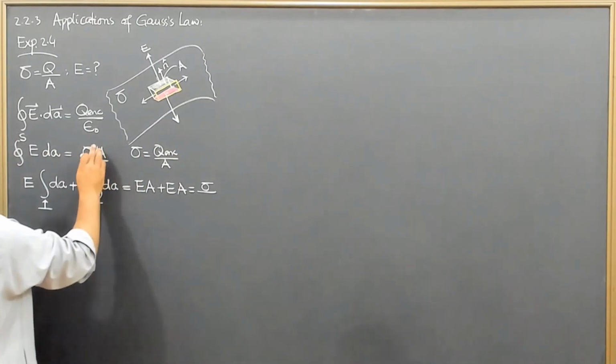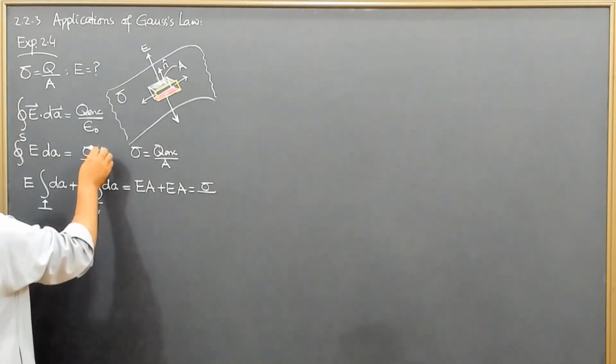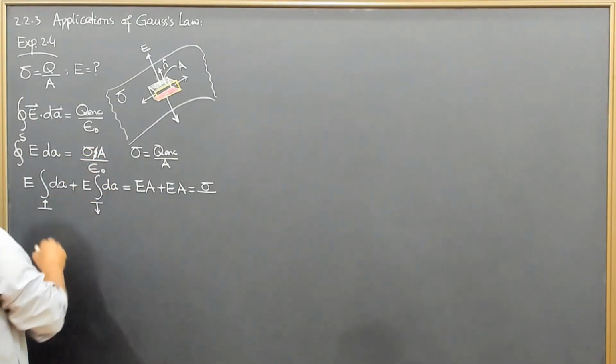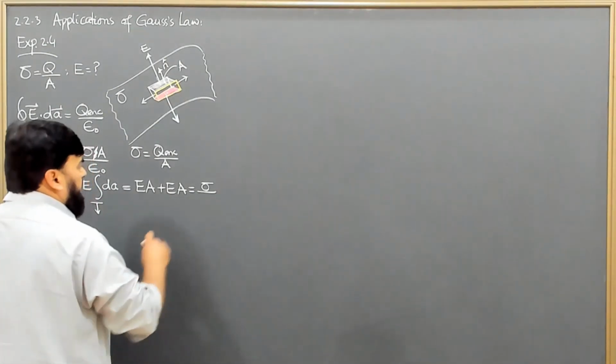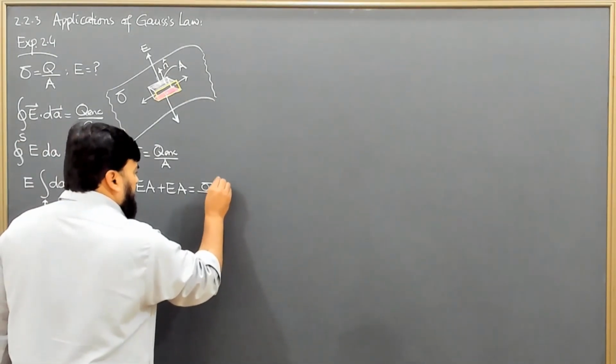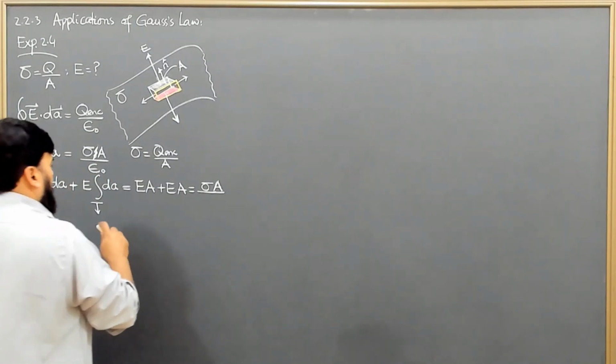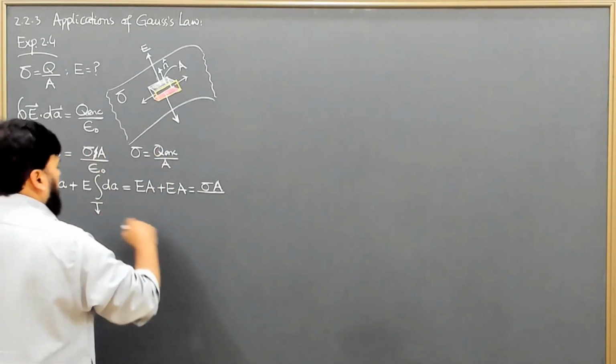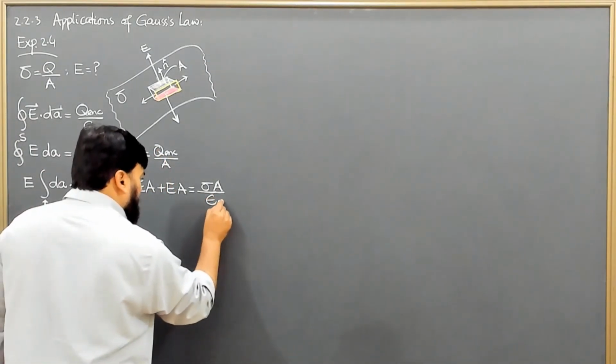So Q enclosed will be equal to sigma A, and this is not here. This is sigma times A here. So we will have sigma A divided by epsilon naught.